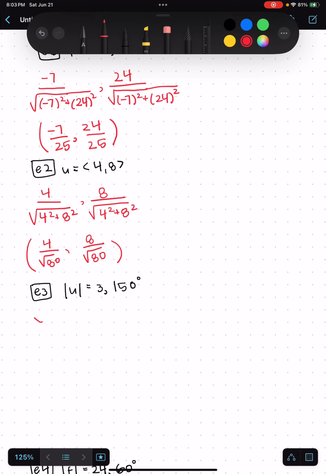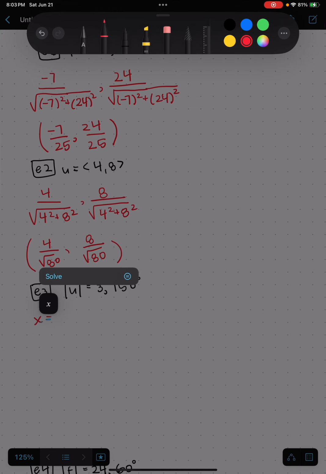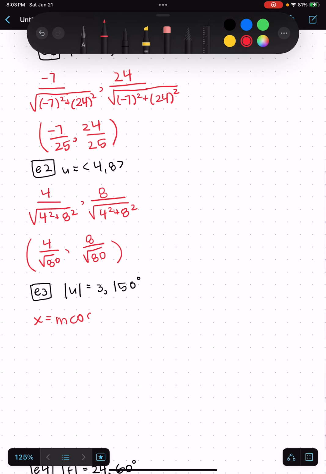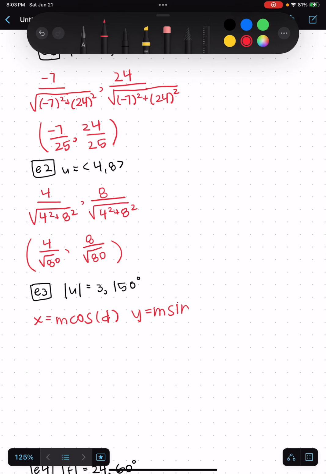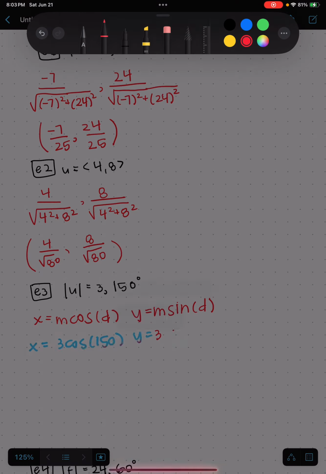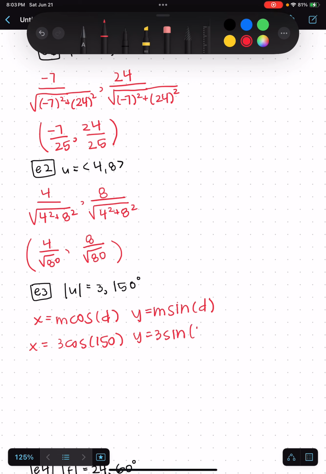So for component form, remember your formula is x is equal to m times cosine of d, and y is equal to m times sine of d. So then I'd have x is equal to 3 times cosine of 150, and y is equal to 3 times sine of 150. Let's plug that in.